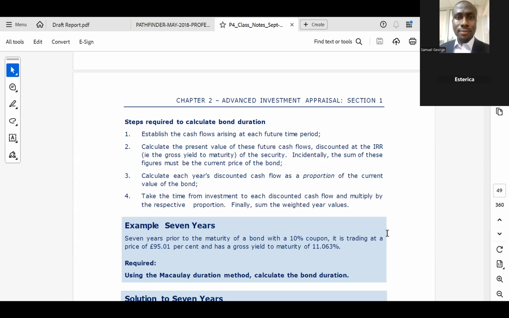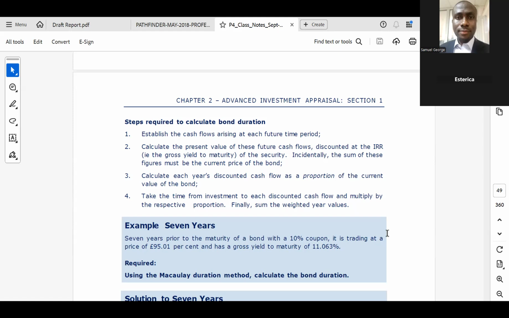Whatever PV you get in year one, divide the PV by the market value. That is the proportion. Do the same for year two, PV of year two by market value. For year three, PV of year three divided by the market value. PV of year four divided by the market value, and so on till you get to the final year.